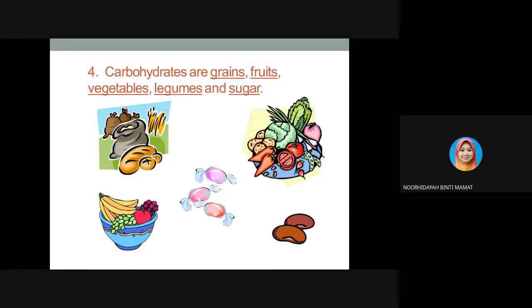This energy is very important because it powers our brain and our body. The energy that powers our brain and body is generated when the carbohydrates that we consume are broken down. So these are the examples and the importance of the carbohydrates.